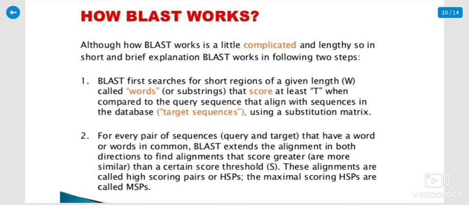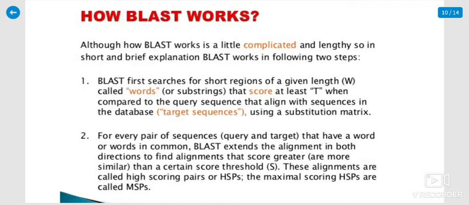Although the topic is complicated and lengthy, in short BLAST works in the following two steps. Number one, BLAST first searches for short regions of a given length called a word that score at least T when compared to the query sequence, aligning with sequences in the database target sequences.